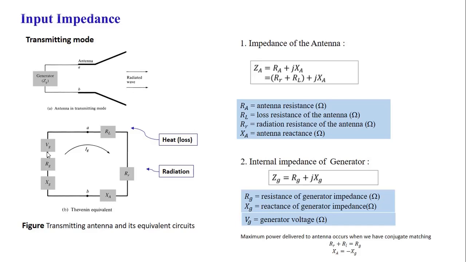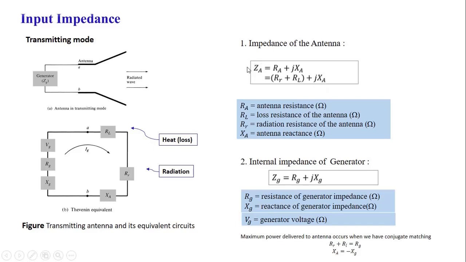So now, as we know, the resistive component of the antenna consists of the loss resistance and the radiation resistance. So the total resistance of the antenna, denoted Ra, will be equal to Rr plus Rl. The antenna impedance between terminals A and B is given as Za equal to Ra plus jXa, that is radiation resistance plus loss resistance plus j into XA.